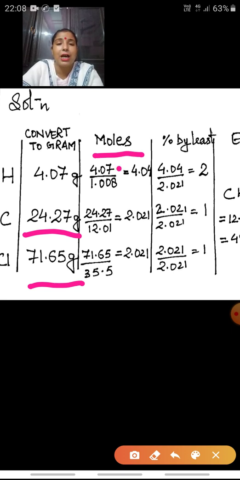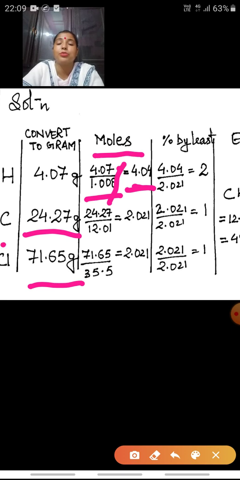The molar mass, the exact is 1.008, but generally we take it 1 also. In this numerical, I have taken the exact one, that is 1.008. So, dividing these two, we get the number of moles of hydrogen. So, number of moles of hydrogen are 4.04.